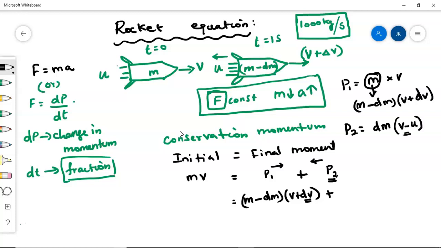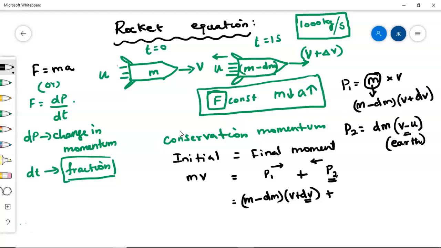This is the reference frame from the earth. This concept is very important. You need to go back and learn the concept of reference frame. If we watch the motion of the rocket from the earth, the escaping gas velocity is v minus u. The v is the rocket velocity and u is the escaping gas speed.